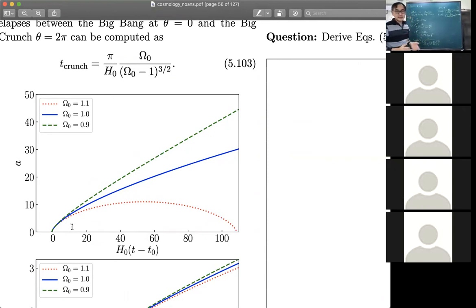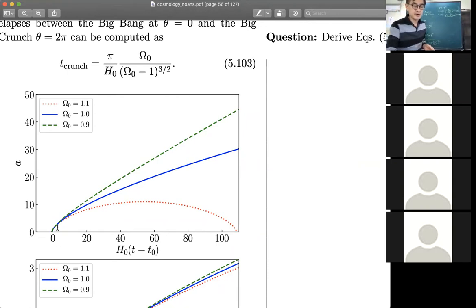I'm plotting the result that I wrote on the blackboard just before. The vertical scale is the scale factor, and the horizontal scale is the time normalized by the Hubble constant. As usual, we subtract t0 from t so that the horizontal 0 is today.